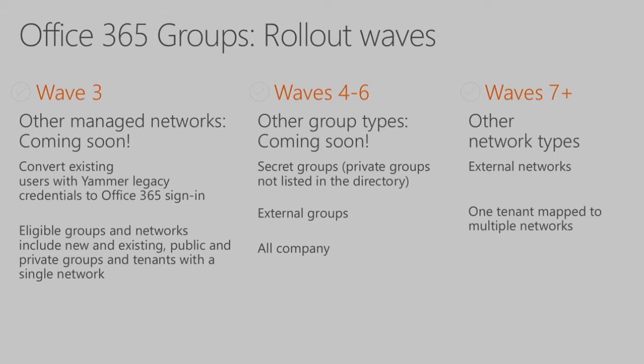So you'll be able to manage guests in Yammer the same way that you manage guests in Office 365. And last but certainly not least, because every single network has one of these, all company is going to be getting connected to Office 365. And when that happens, we will be able to fulfill another request that we hear often, which is giving you all the ability to customize how your all-company group looks with a photo and a header.